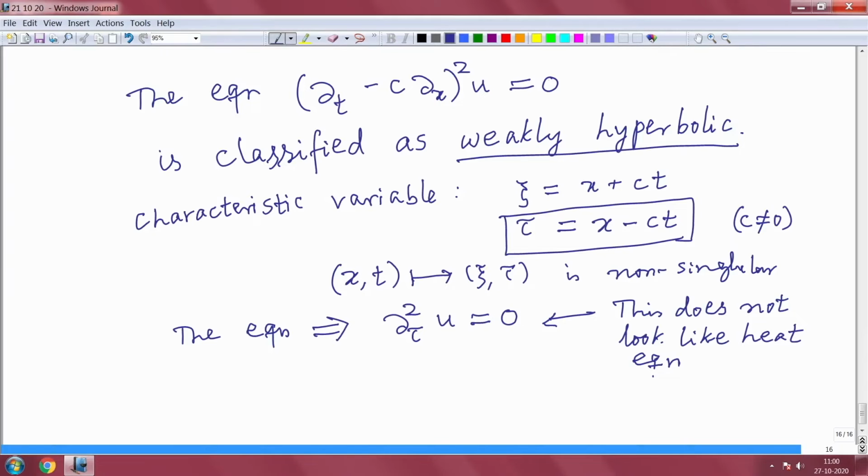The other reason is, to solve this equation we need two initial conditions, whereas the heat equation requires only one initial condition.